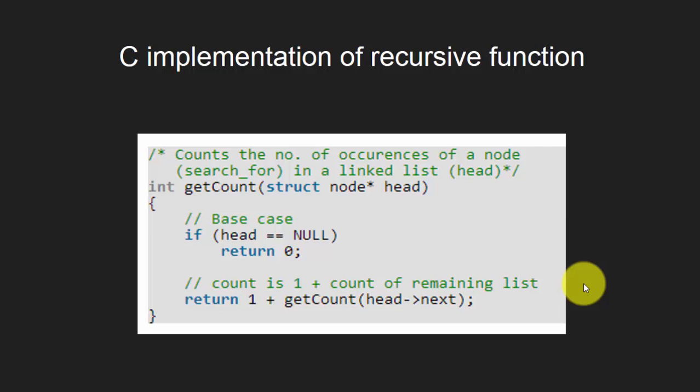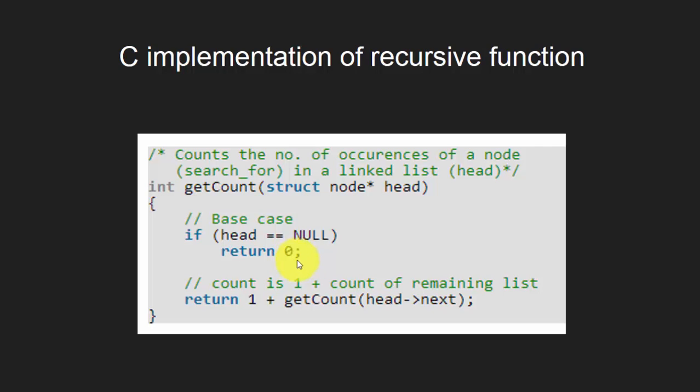Let us now look at the implementation of the recursive function. The function getCount will take the head node of the list as argument. It then checks whether this node is null or not. If this node is null, it will return 0.